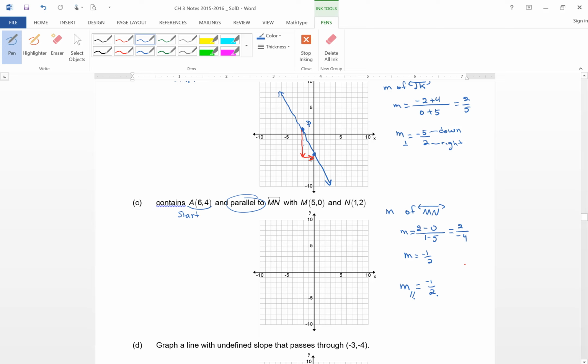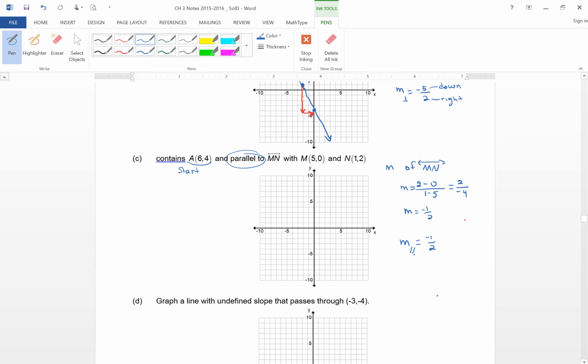So now, what point do I put first? Right, I put A first, which is 6, 4. Now, I'm going to go down 1 and to the right 2 to my second point there.